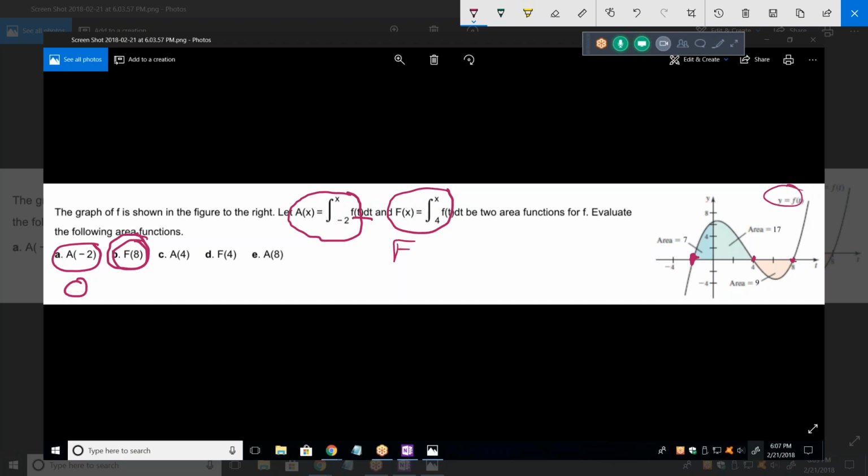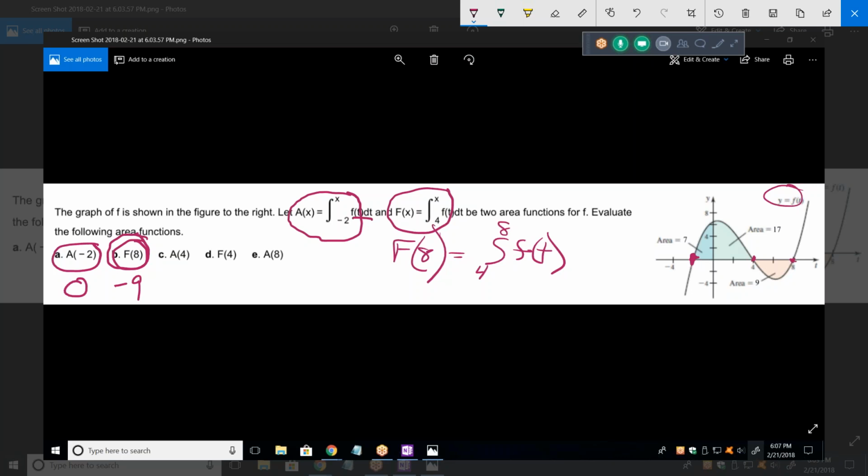So that has to be the integral from 4 to 8 of our function, the area between the x-axis and the curve. It's telling us that area is 9, but it's actually -9, because it's below the axis.